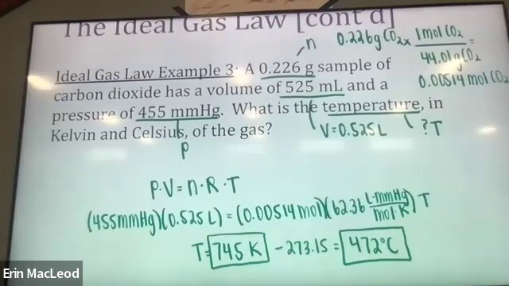That's why. 745. So the 0.226 has 3 significant figures, so you'd be 0.00514. And that's why you're off just a little bit. And it does make a big difference on some of these calculations.